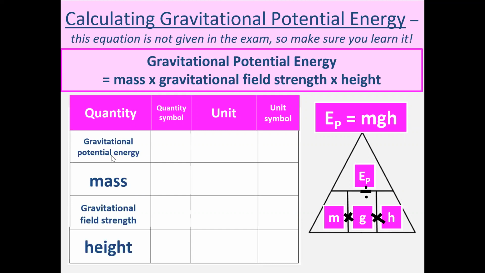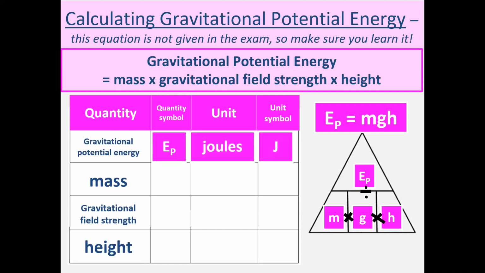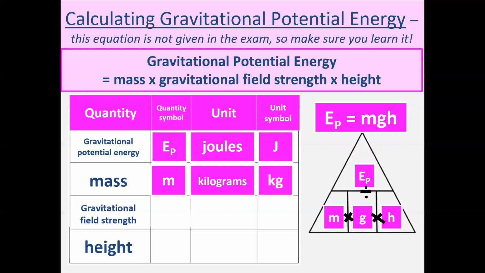So gravitational potential energy. The quantity symbol is capital E with a subscript P, the unit is joules, and the unit symbol is a capital J. And for mass, the quantity symbol is a lowercase m, the unit is kilograms, and the unit symbol is kg.